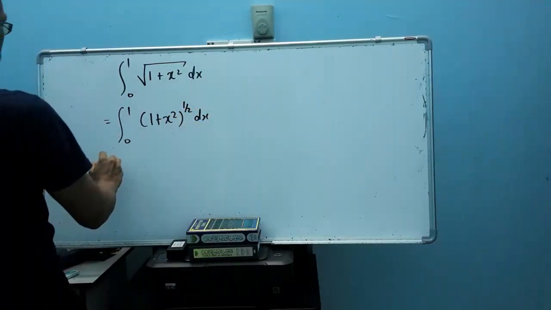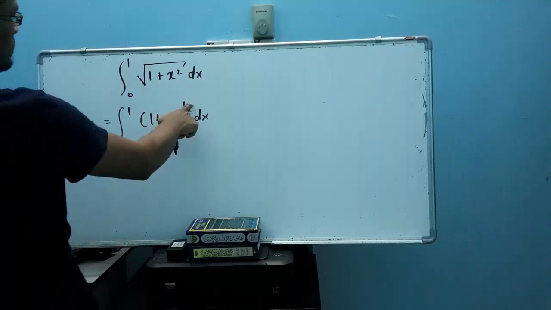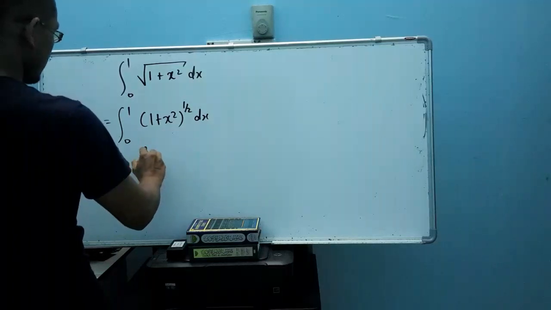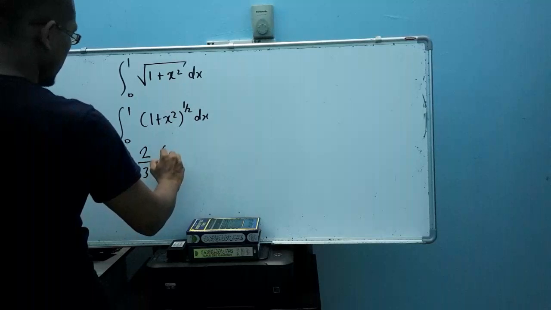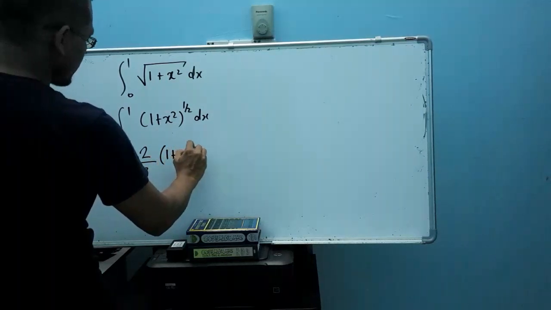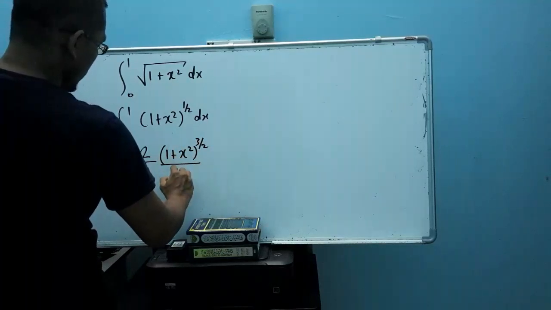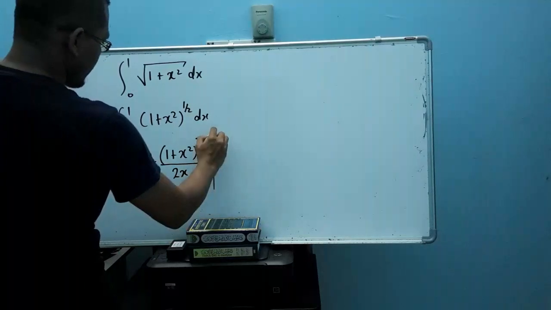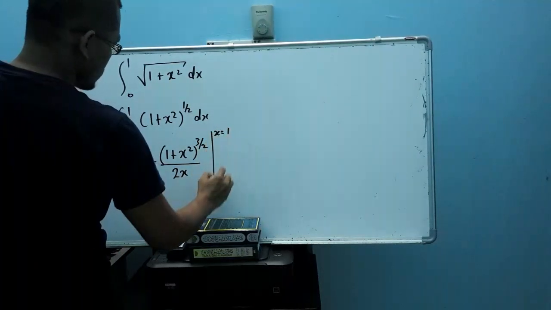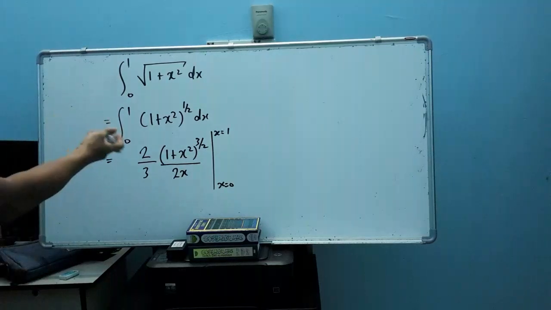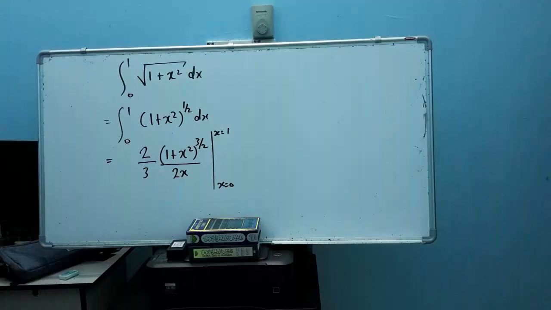Then the student will add 1 to the power, divide by 3 over 2, so they will get 2 over 3 times 1 plus x squared to the power of 3 over 2, and then divide by 2x, something like this, and then they calculate it. I found a lot of silly mistakes made by students when they evaluate such an integration.